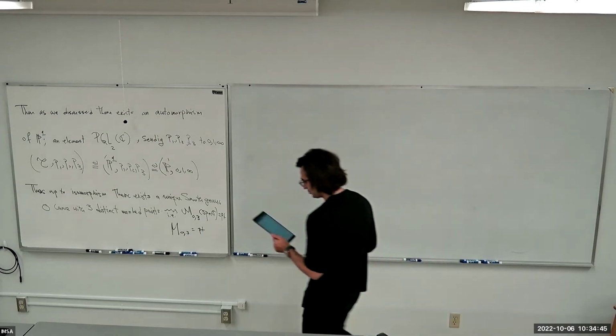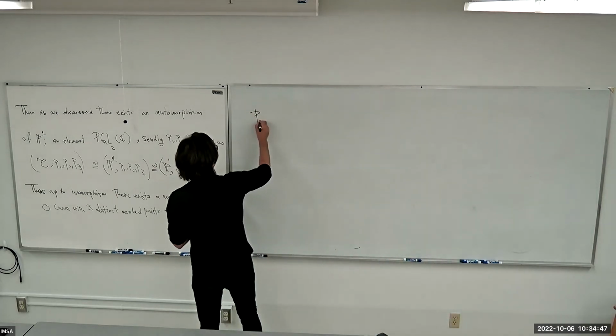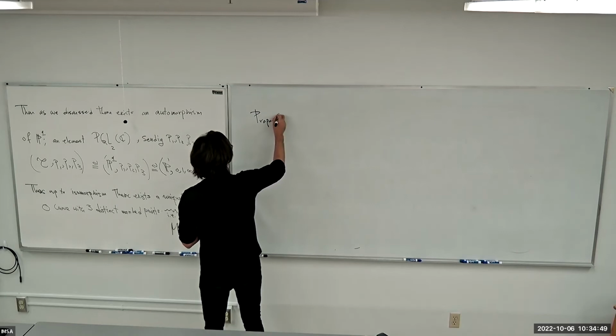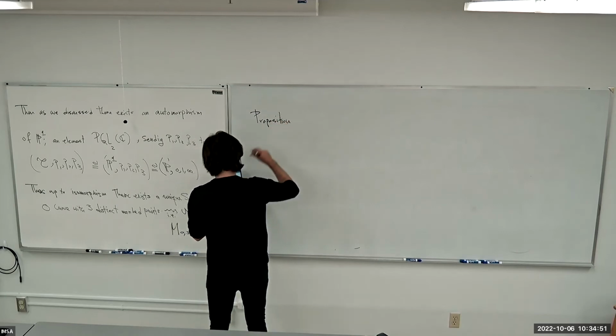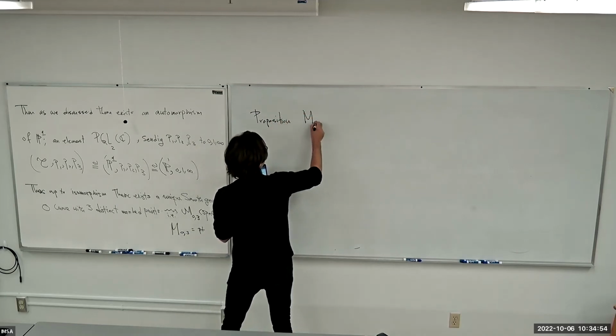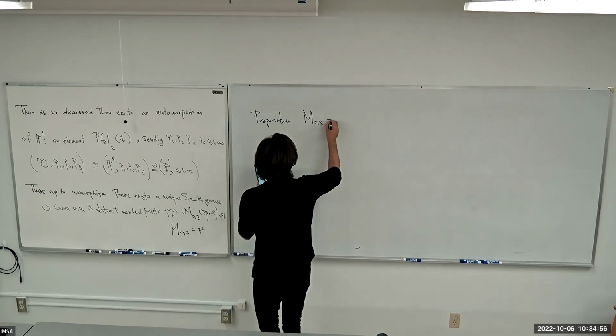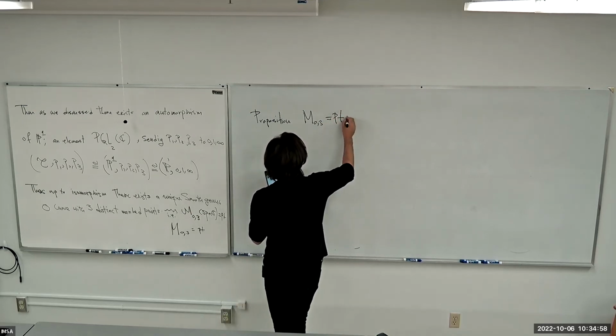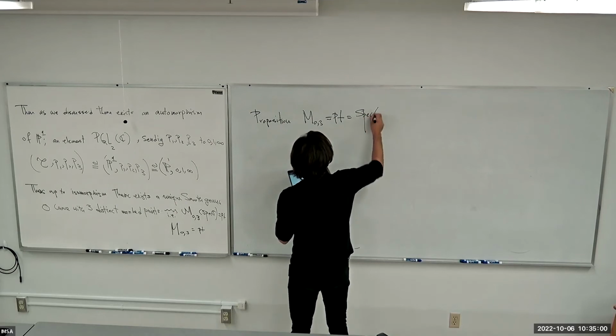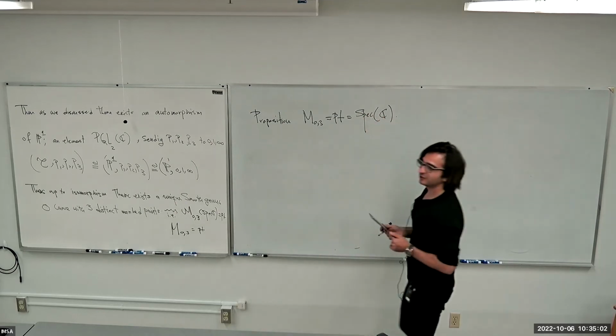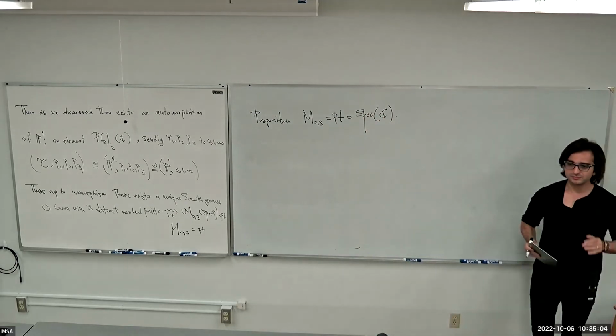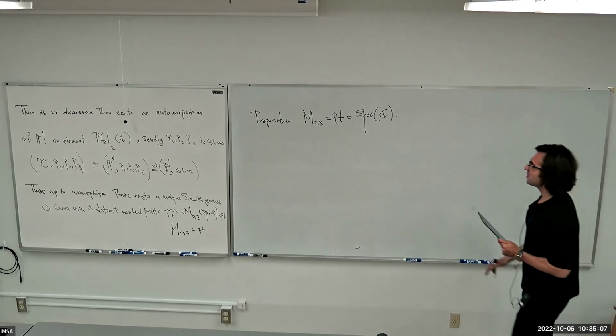So here's a proposition. M03 is a point, which is the spectrum of an algebraically closed field such as the complex numbers. This is the abstract point.